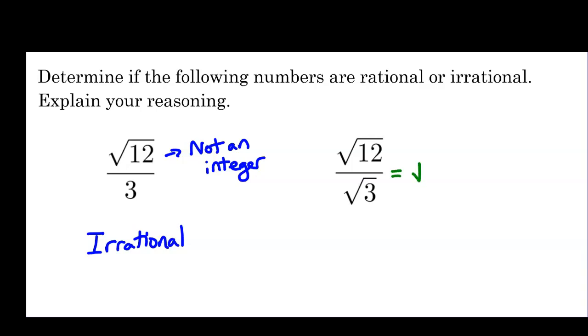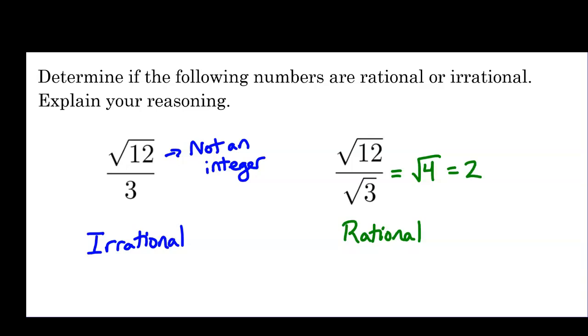This is really equivalent to the square root of 4 when we divide the radicands, which is equal to 2 because 4 is a perfect square. That means that this number is a rational number. But if we did not simplify, we would have classified it incorrectly because we would have said square root of 12 is not an integer, square root of 3 is not an integer, so that number is not the ratio of two integers.